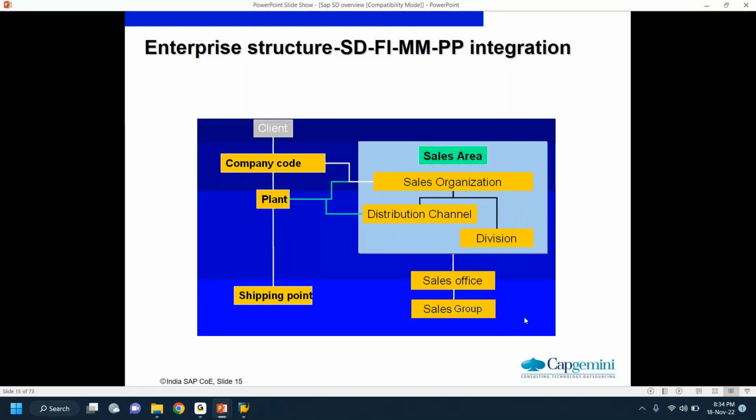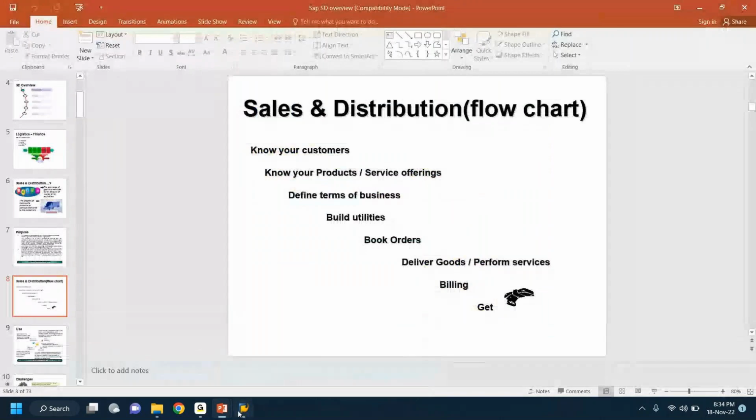We will learn about sales organization, a bit of purchase organization, and plant. Plant is common for SD, MM, PP, PM, PS. For everyone, plant is common. And company code is created by FICO. When I go to the business, I will show you the screens.